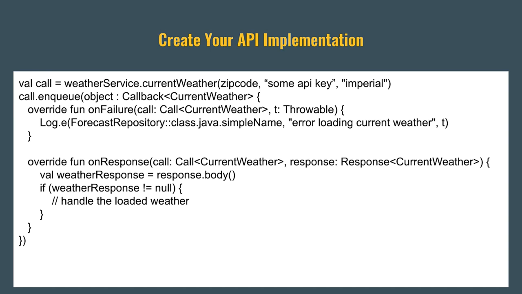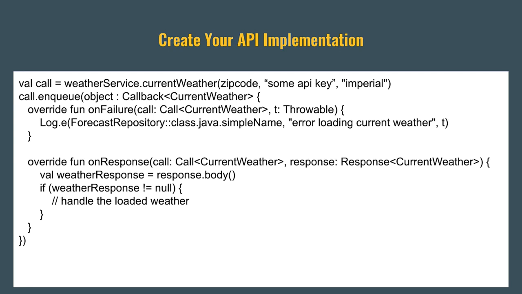Just to refresh and to kind of bring it back, as we saw before, we're creating our Call class to our weather service in this example here. When we call enqueue, we're then passing in that callback. So the work of enqueue is going to say, hey, some other thing on a background thread, make this API call to load the current weather.